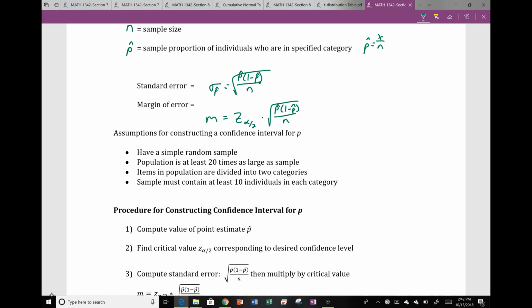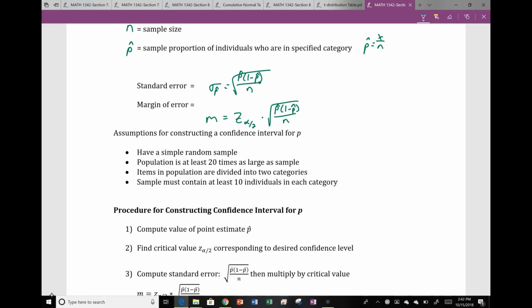Now notice we went back to using our Z instead of our T. We're using that cumulative normal distribution. It's because, recall, we had to have a large enough sample to use population proportions. Same thing here.